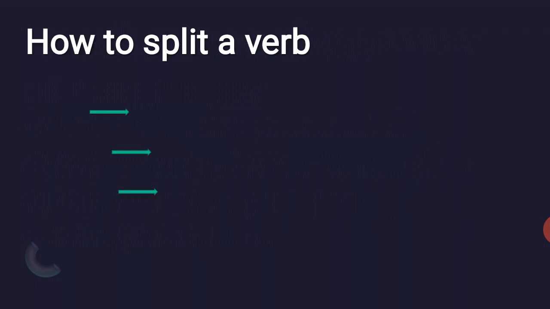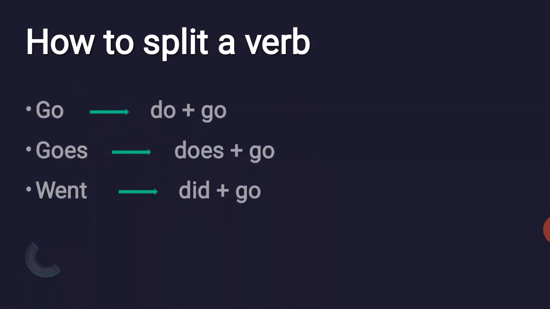You have to split the main verb, that is the base form of the verb. It is given in present and past tense only, and singular present and plural present. For example, I have taken one verb, go, and it is split with do plus go.